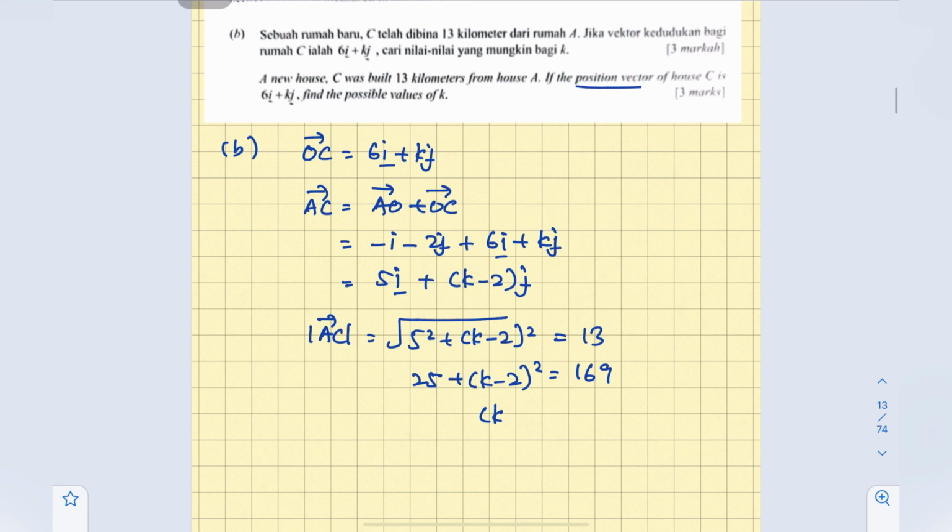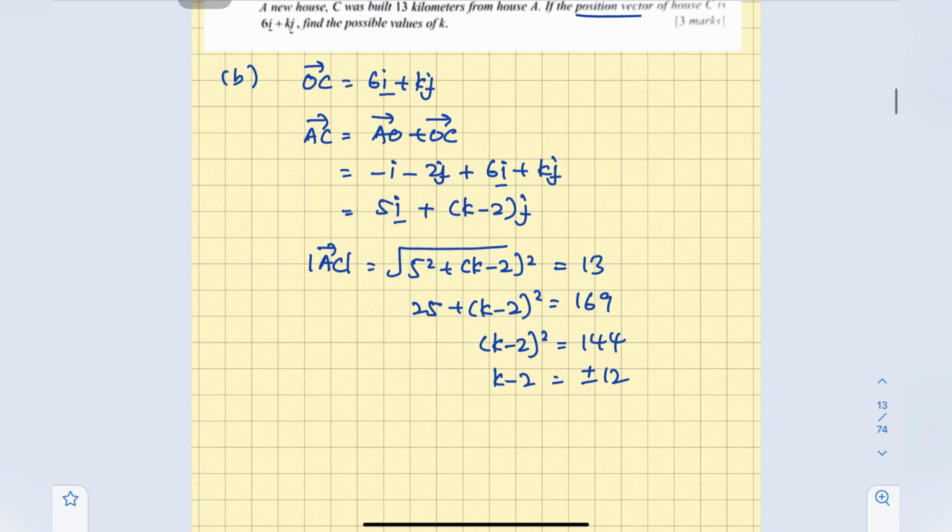Then (k minus 2) squared is 169 minus 25, which is 144. So k minus 2 is square root of 144, plus or minus 12. If 12, then 12 plus 2 is 14. If negative 12, then negative 12 plus 2 is negative 10. So k is 14 and negative 10.